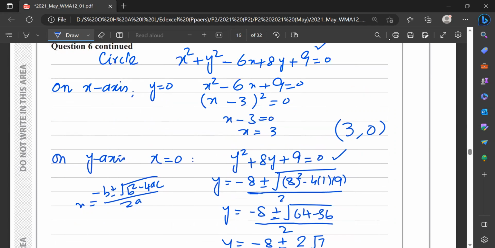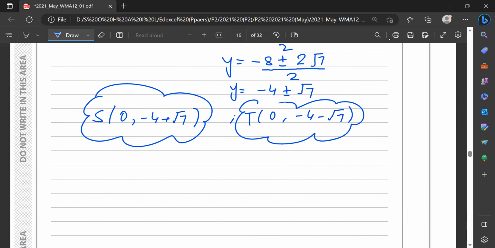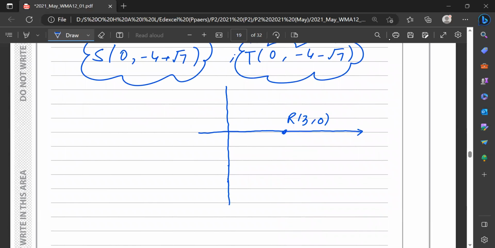So R, S, and T, you can label this point as R, this as S, this as T. So after finding R, S, and T, you can just get an idea. (3, 0) is R. Using these values in decimals, roughly, this point is minus 4 plus root 7, and this is minus 4 minus root 7.